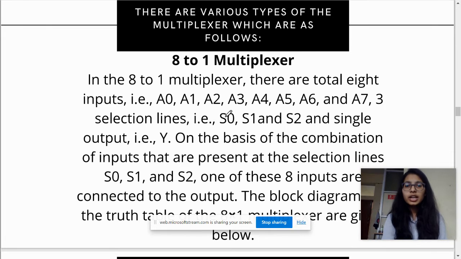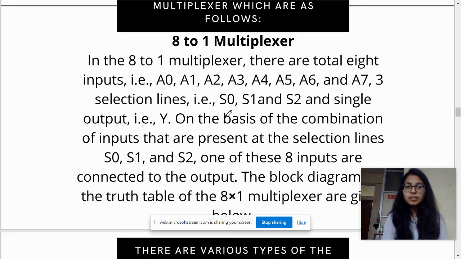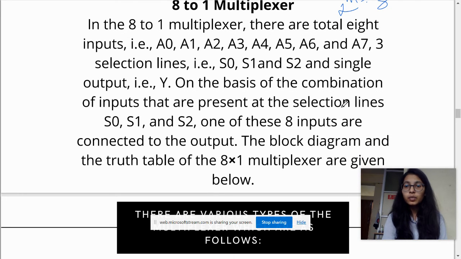Now, the same goes for the 8 to 1 multiplexer, 8 inputs, and for select lines, we'll see 2 to the power m is equal to 8, and obviously 8 is 2 to the power 3, that is 2 cubed, so m would be 3 over here, so the number of select lines would be 3.